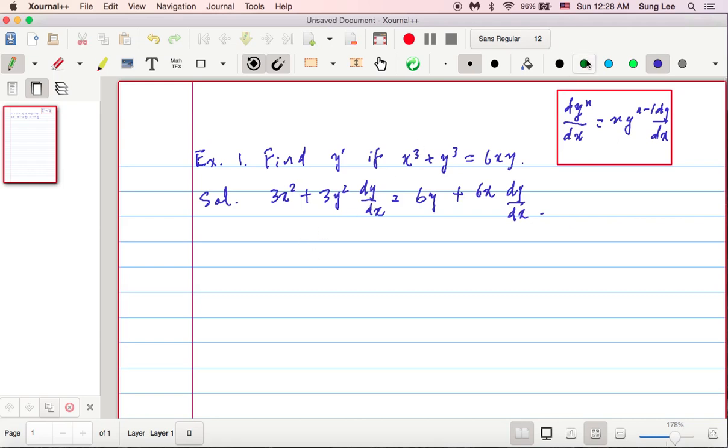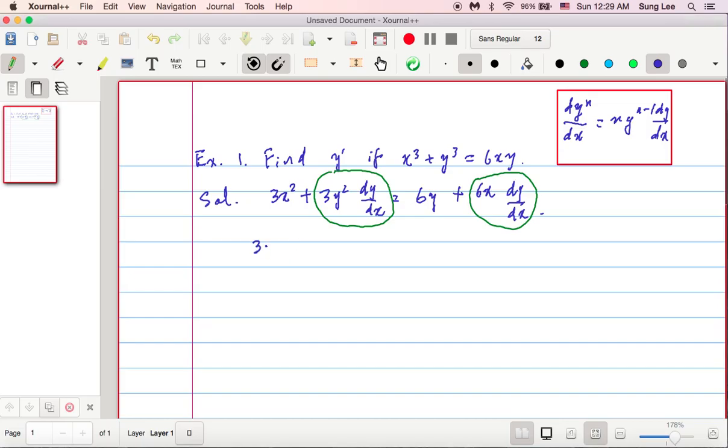So here, there are two terms. On the left-hand side, we have this one that contains dy by dx. And on the right-hand side, we have this guy, which contains dy by dx. So we have to put them together so that we can solve for dy by dx. I'm going to subtract the 6y from each side.